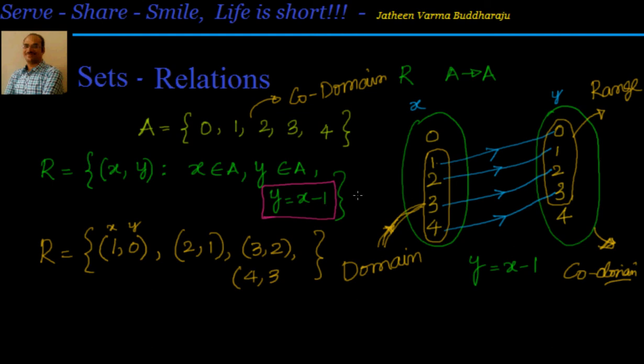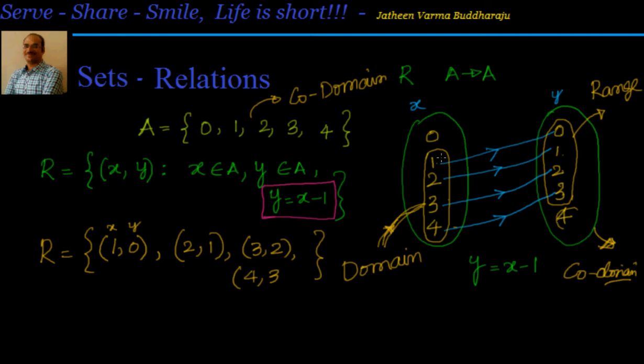The first element is 0; 0 minus 1 is minus 1. It is not present, so it does not have any mapping. But 1 minus 1 is 0, 2 minus 1 is 1, 3 minus 1 is 2, 4 minus 1 is 3. You can also see that the 4 in the second set is not linked to any element because I don't have 5 here. If I had 5, then only I could have 5 minus 1 equal to 4.